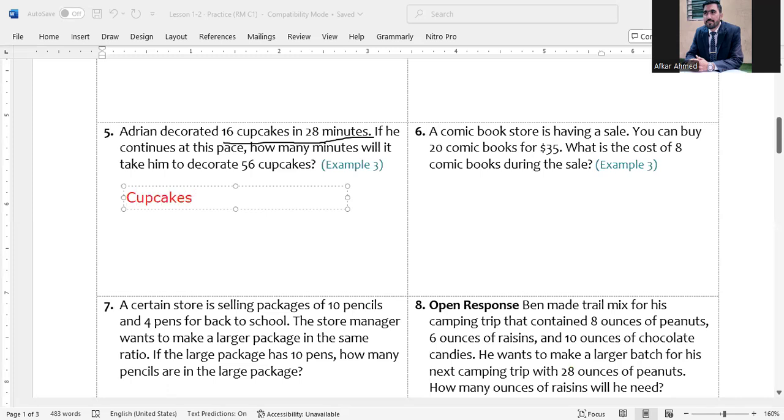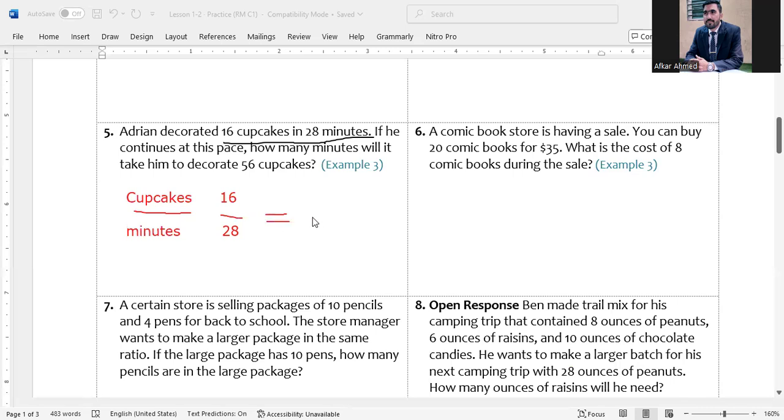Actually, you don't need to write this one, but to avoid any confusion for the students, we need to write these names so they will not make any mistake. So the number of minutes is 28. So this is the first fraction. The number of cupcakes to the minutes is 16 over 28, which is equal to.